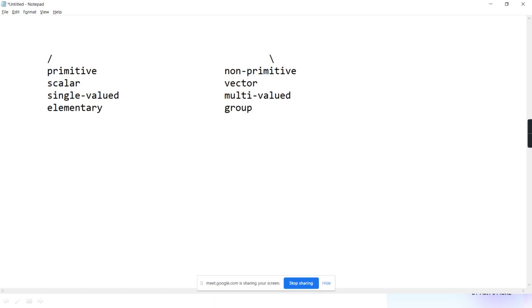Right? And always remember, non-primitives are always objects and primitives are never objects, meaning they are not objects. Whereas some languages have everything as an object. The best example is Python. In Python there is no difference between a non-object and an object. There everything is an object. Here primitives are never objects and non-primitives are always objects.